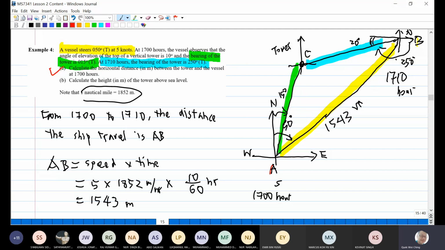Is there a way to find out distance AC? Okay, then I have to find the distance AC, right? The angle of elevation is 10 degrees.